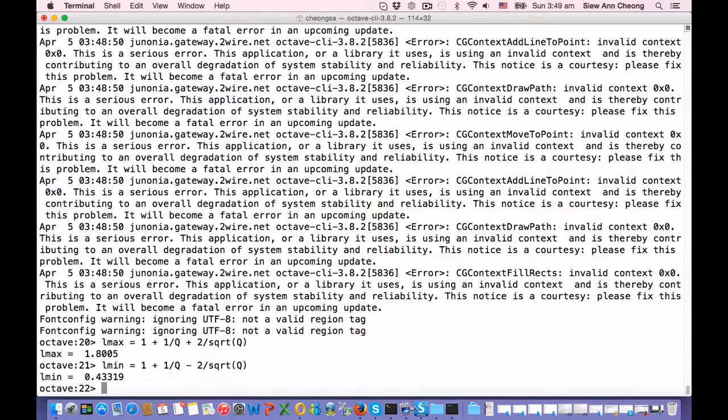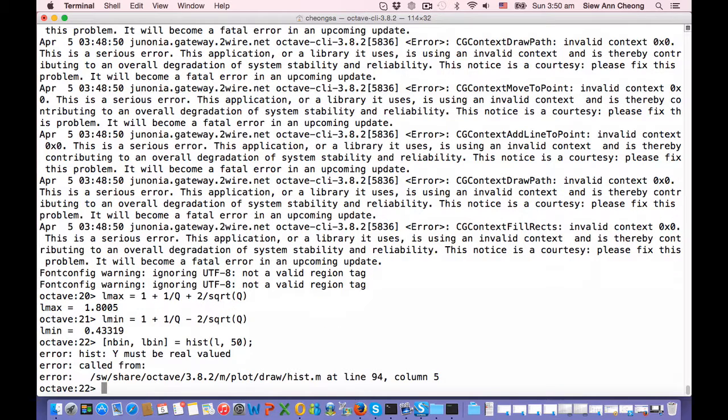Okay, so now let's first create the histogram for the eigenvalues for the SGX correlation matrix. So N bin, L bin equals hist L. Now in the early exercise we saw that actually 100 bins is a little too many, so let us try say 50 bins and see what it looks like.